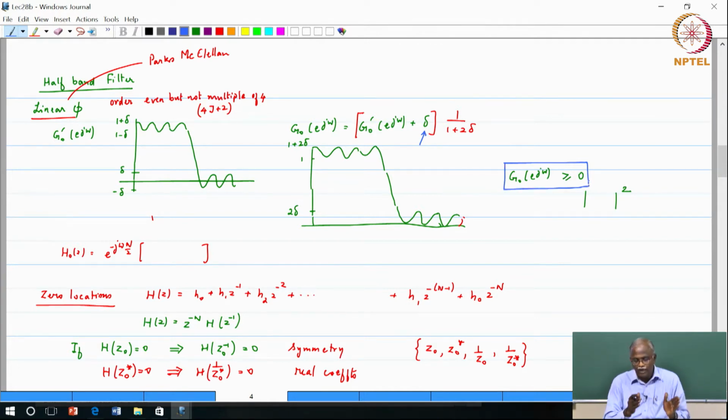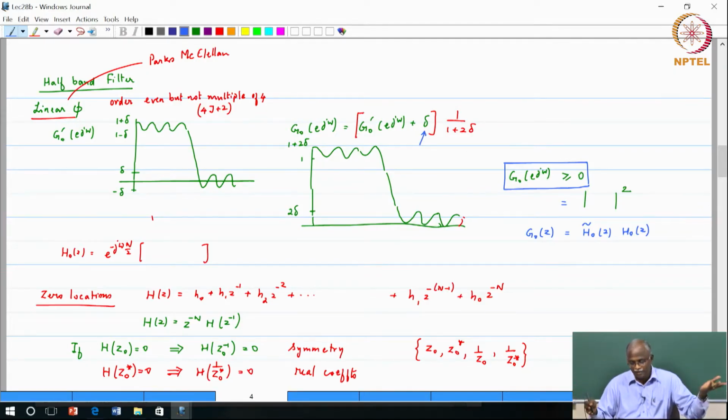So therefore I can write it as something magnitude squared, and that is where we get the statement that G0 of z now can be factorized as H0 tilde of z times H0 of z. Spectral factorization requires you to have that, because when you look at it on the unit circle, the right hand side will be something magnitude squared.